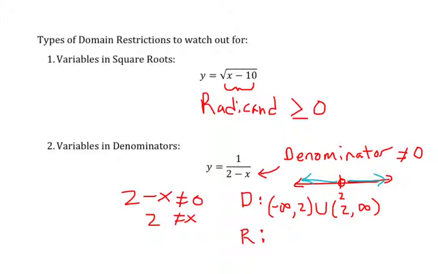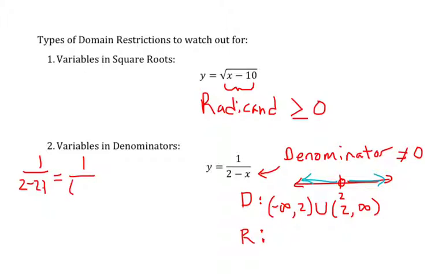So if we plug in 2.1, we're going to have 1 over 2 minus 2.1, which is 1 over negative 0.1. Well, this is going to be a negative number, and the absolute value is going to be pretty large. This is 1/10, so this will actually be negative 10 because that's the reciprocal.